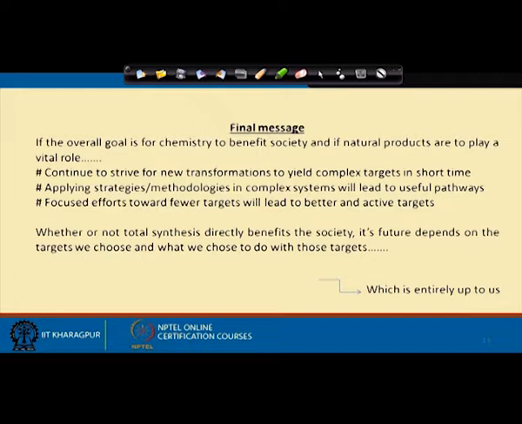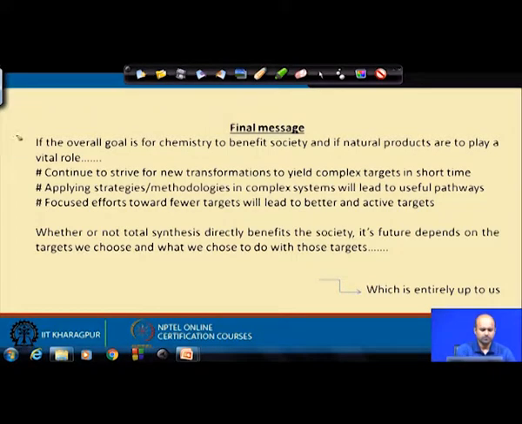So, we are coming to this final message. If the overall goal is for chemistry to benefit society, then being chemists, we cannot avoid the societal part: our research, our work should benefit society, should benefit humankind. Being synthetic organic chemists, we should play a vital role by making new molecules.